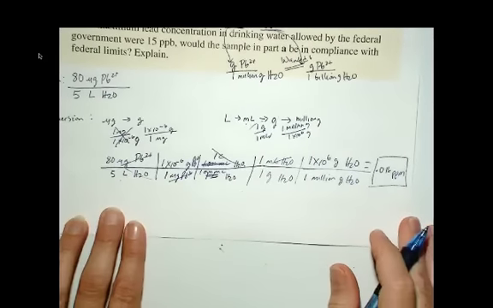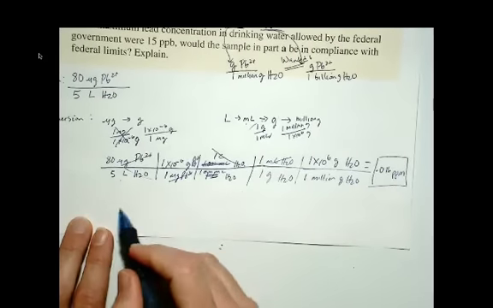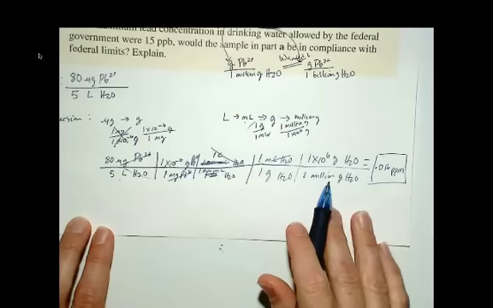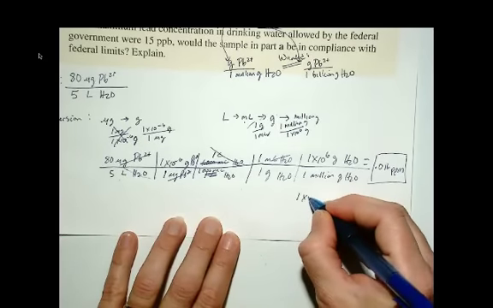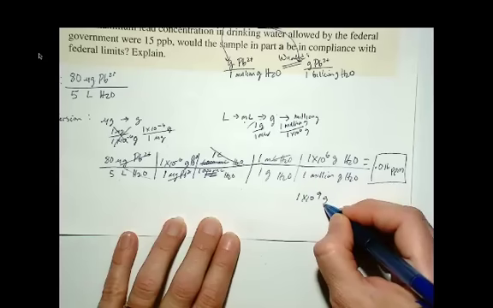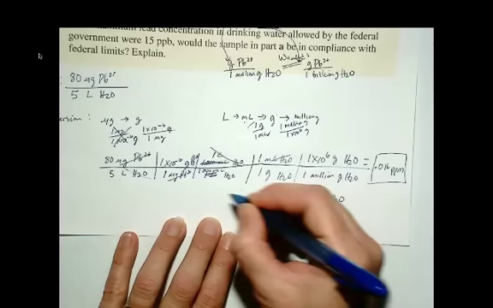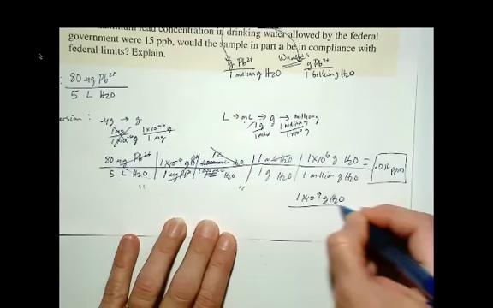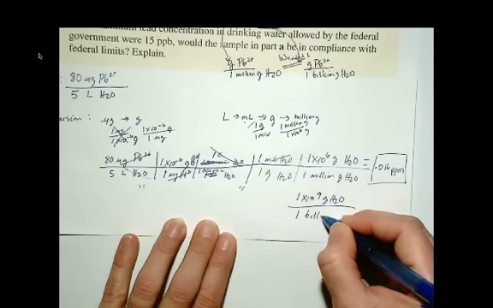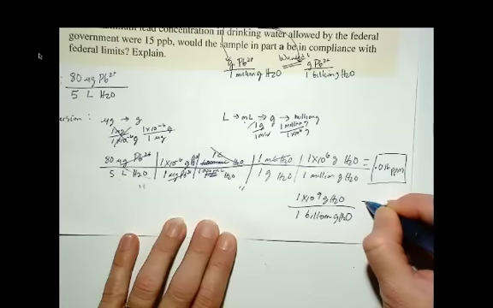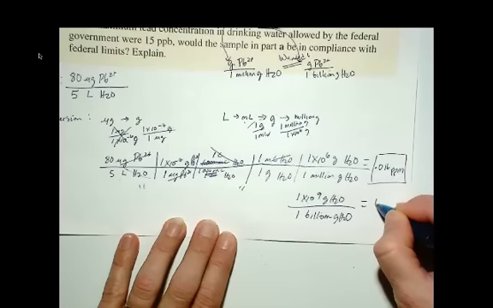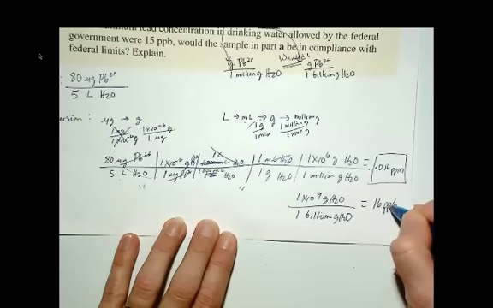If I want to convert to parts per billion, I do the exact same thing, except that at the last step I'm going to convert to billion, which is 1 times 10 to the 9th grams of water. Everything is the same all the way down to the last step, and that's the same as 1 billion grams of water. When I do the math there, I end up with 16 parts per billion.